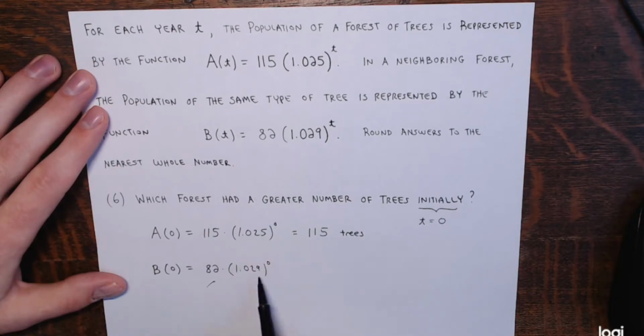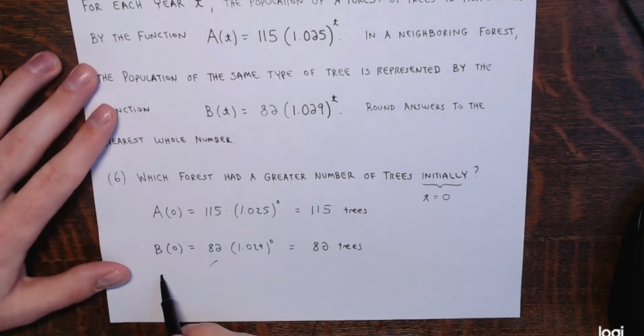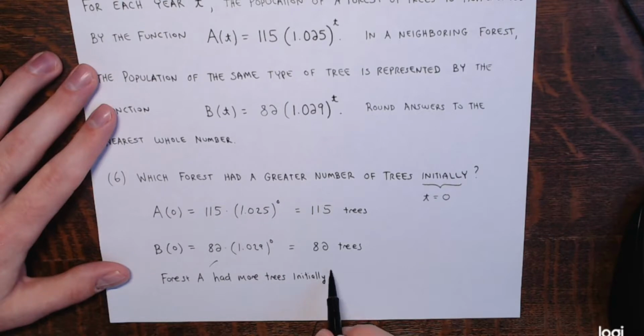So this is 82 times 1, or 82 trees. So it looks like forest A had more trees initially.